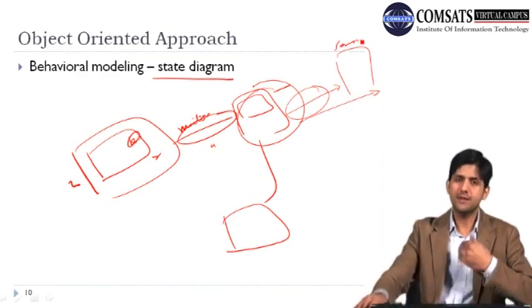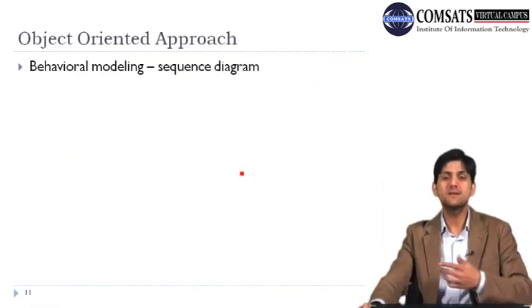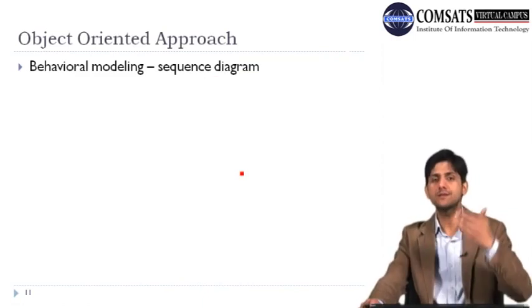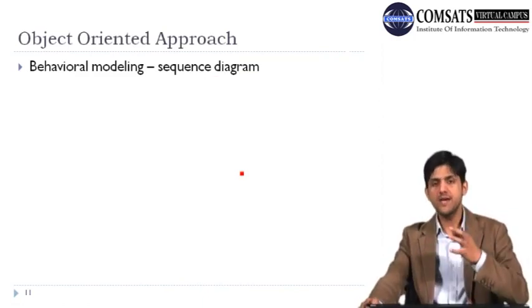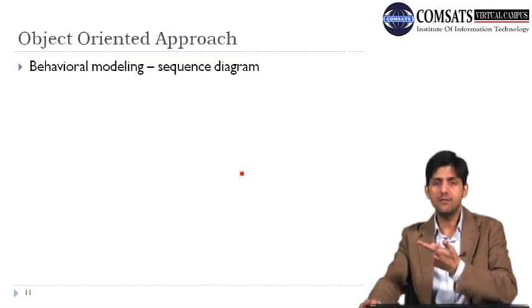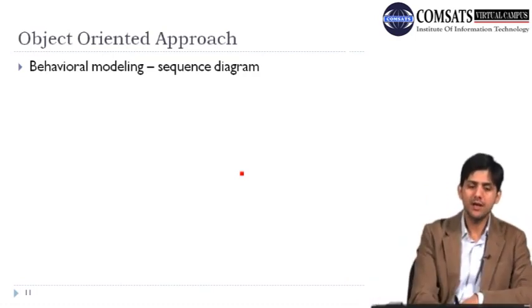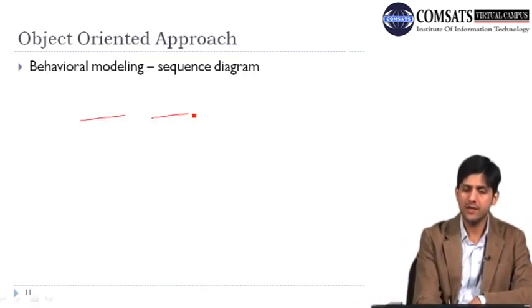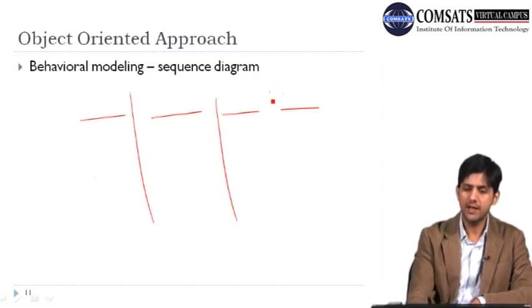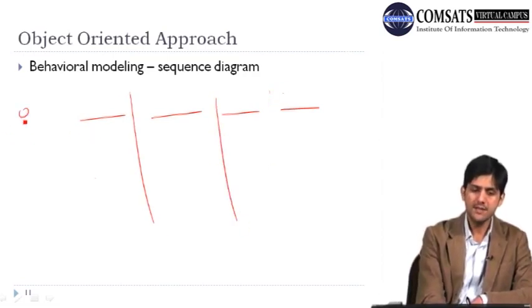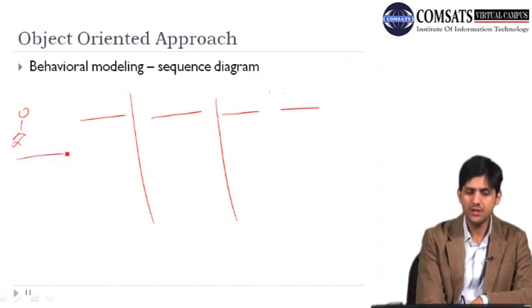So for that purpose, we make sequence diagrams, and that's why these are called system sequence diagrams, because based on an initial event or an initial action by the user, I know my system is going to behave in a certain fashion. So in a system sequence diagram I have all the classes which are going to be involved in this particular scenario, and there is this initiator object which is going to initiate a particular sequence.